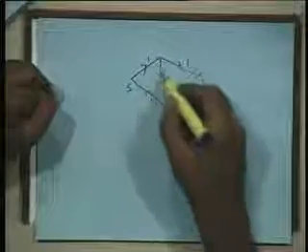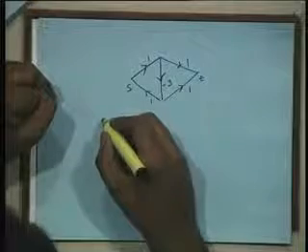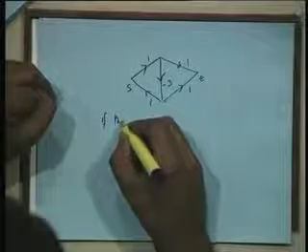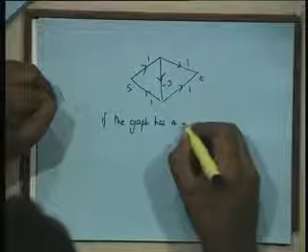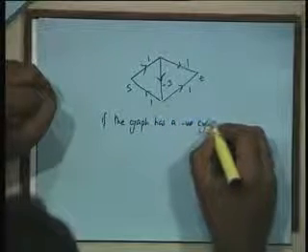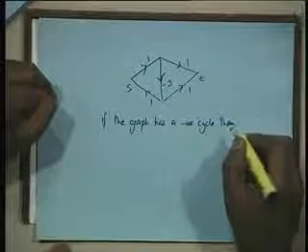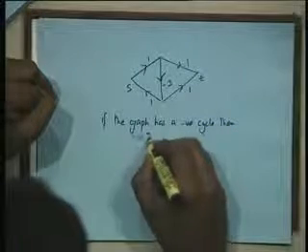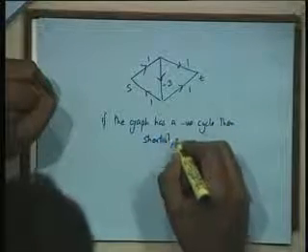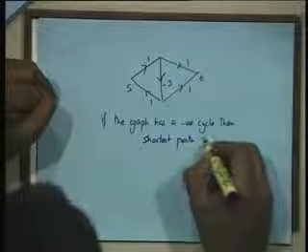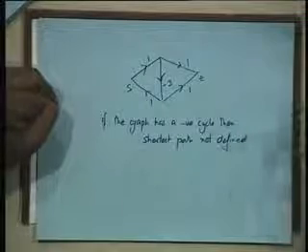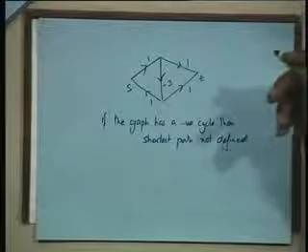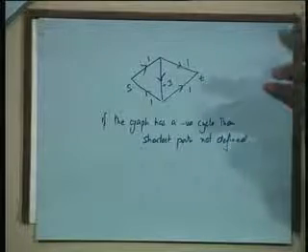This is called a negative cycle. So if the graph has a negative cycle, then shortest path is not defined, or there is no notion of a shortest path anymore, because the length of the shortest path could be minus infinity.